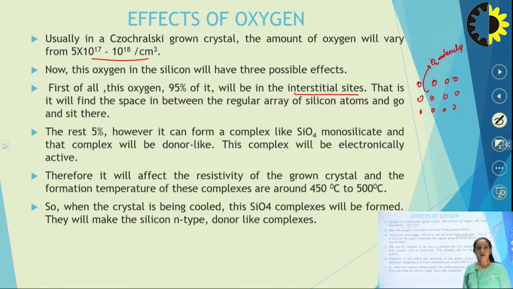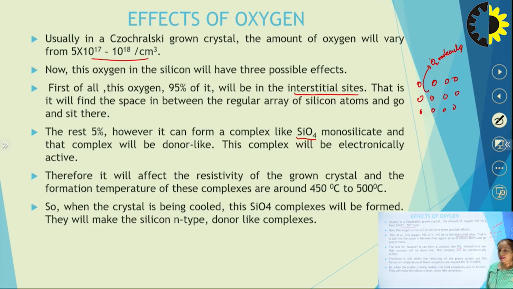So, there is a 95% chance that these oxygen molecules will settle in these interstitial sites, that is, they will find the space between the regular array of silicon atoms and sit there. The remaining 5%, however, can form a complex structure like SiO4 monosilicate, and that complex will act as a donor.